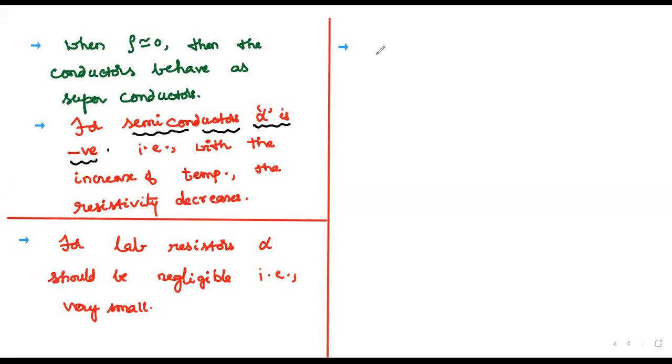So we prepare pendulum clocks with what kind of element? Anyone remember the name? Invar steel. Am I right? Invar steel, it is an alloy.